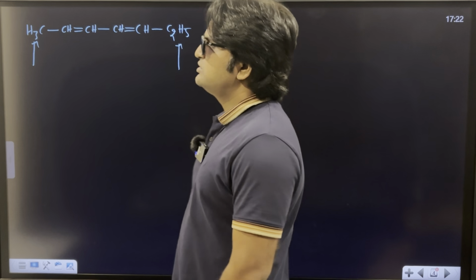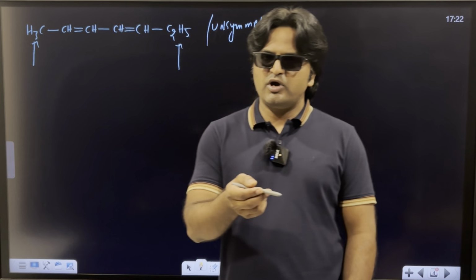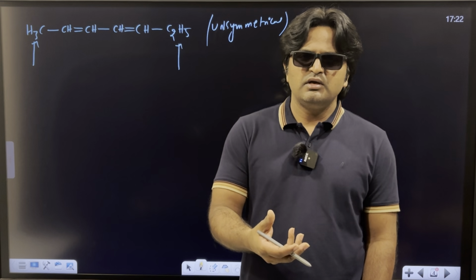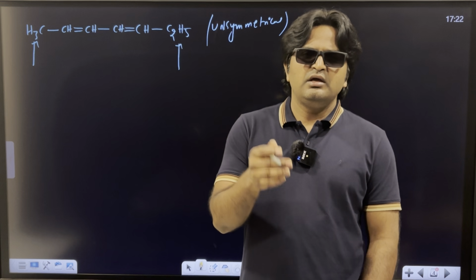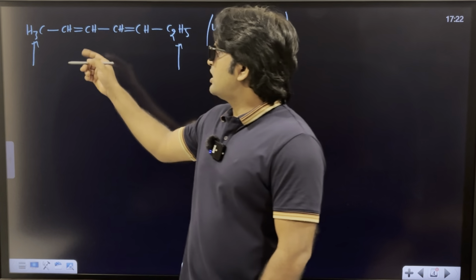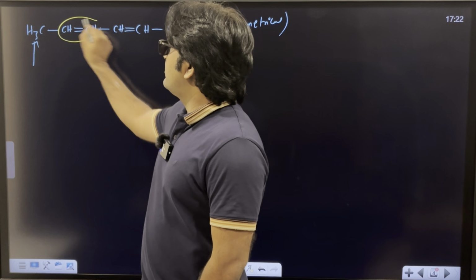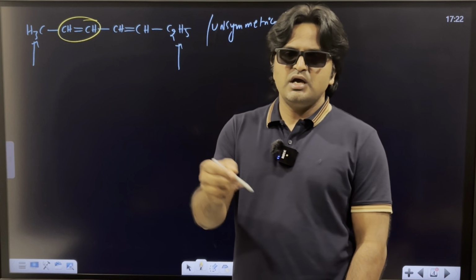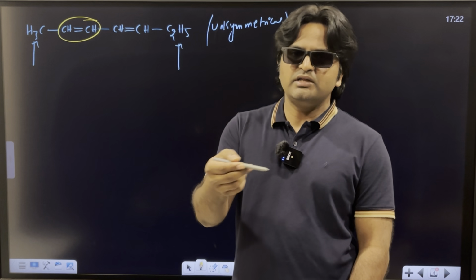For geometrical isomers, first, we have two double bond segments. On the basis of substitution, first we are trying to check whether these double bonds will show geometrical isomerism or not. Okay, now come to this one. This double bond can show geometrical isomerism. Why? Because a few examples were already completed in the last class.